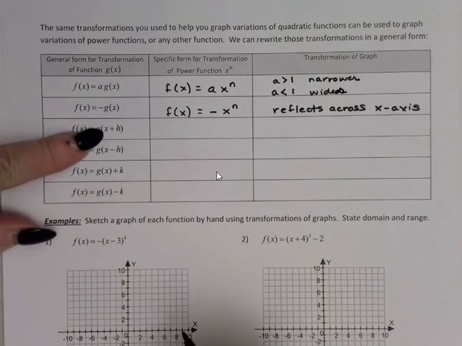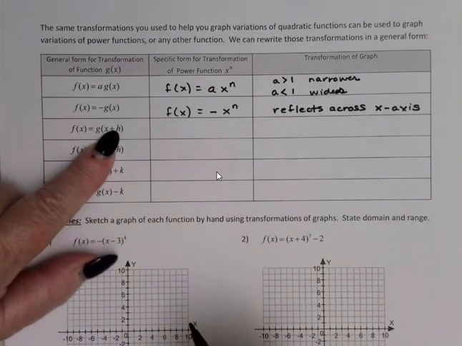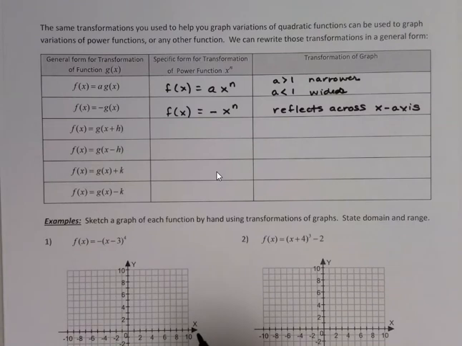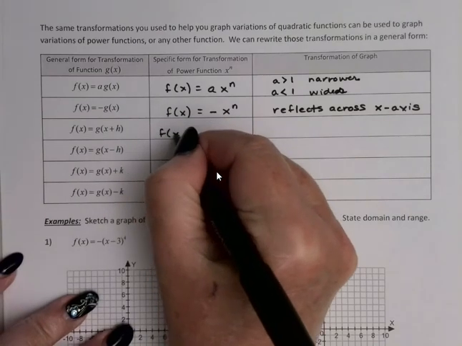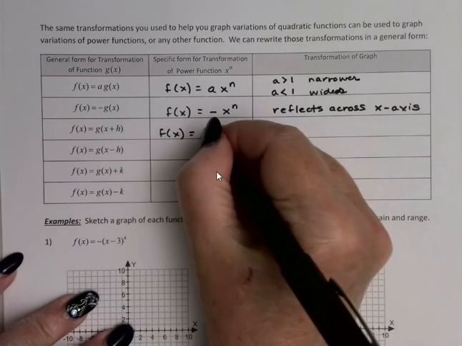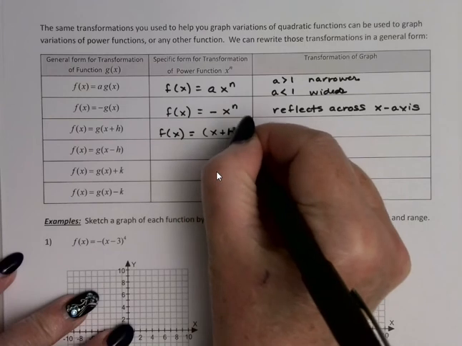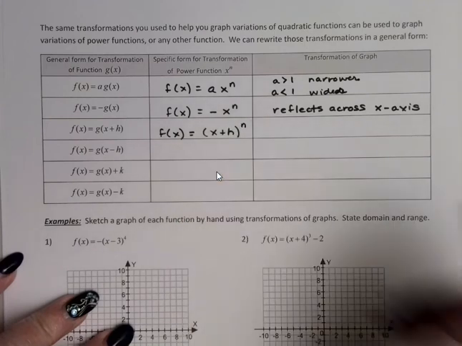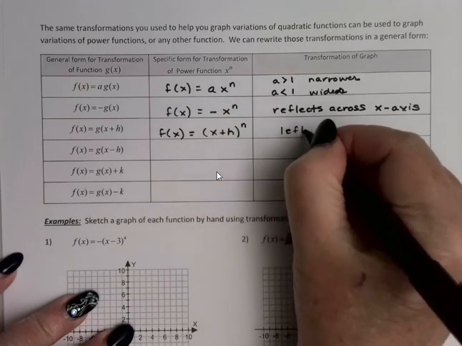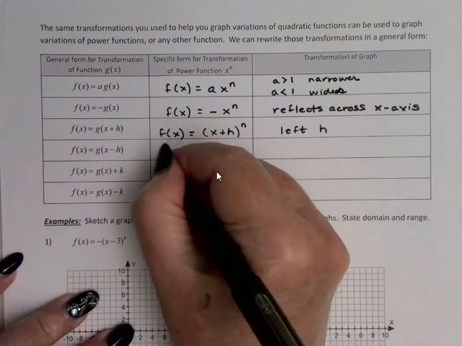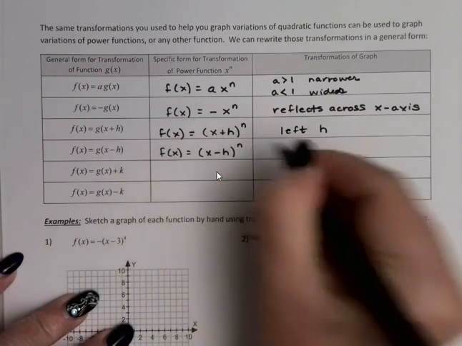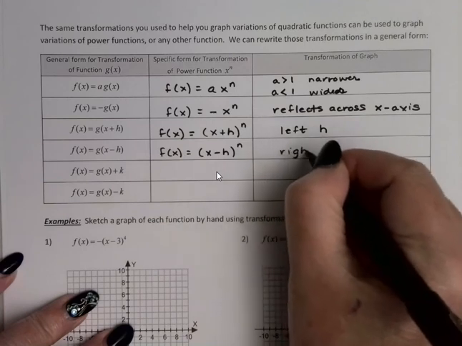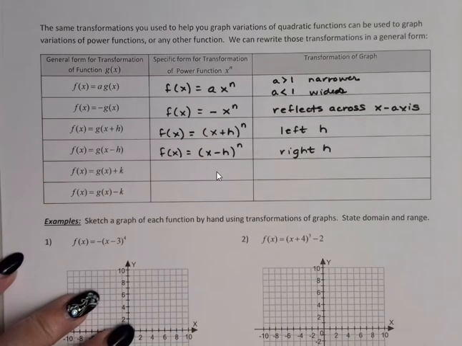If we replace the x with either an x plus h or an x minus h, those are horizontal shifts to the left or the right. If I were to write that in the power function form, it would look like x plus h to the n. That would be moving our graph left h units, or x minus h to the n, which would move our graph to the right h units.